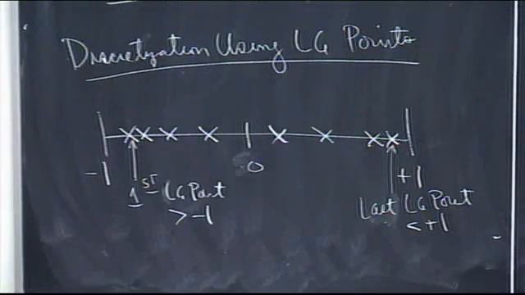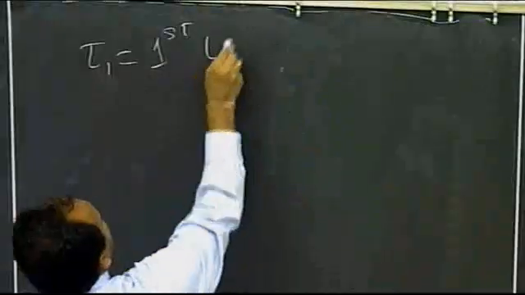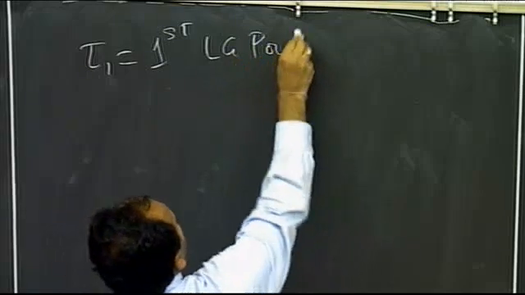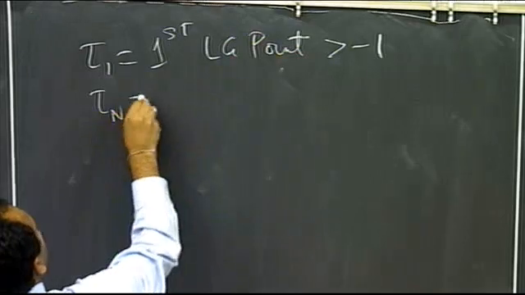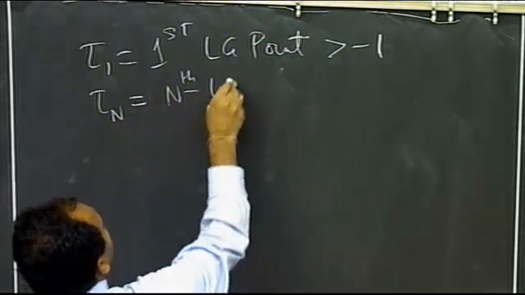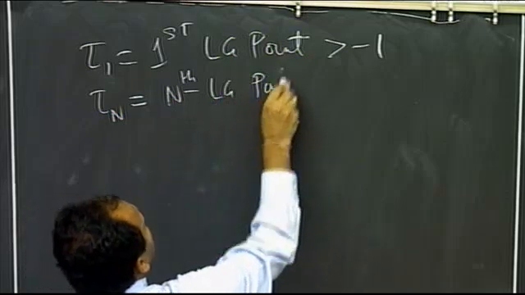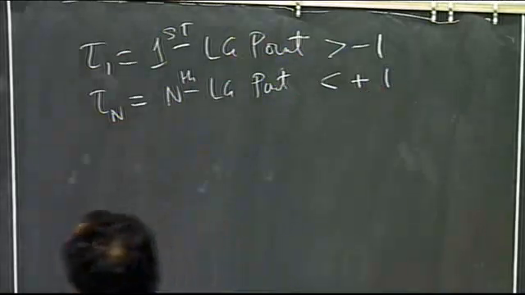So clearly, if I'm going to use the Gauss points, let's write this: tau 1, which is the first LG point, is greater than -1. Tau sub n, which is the nth LG point, is less than +1.